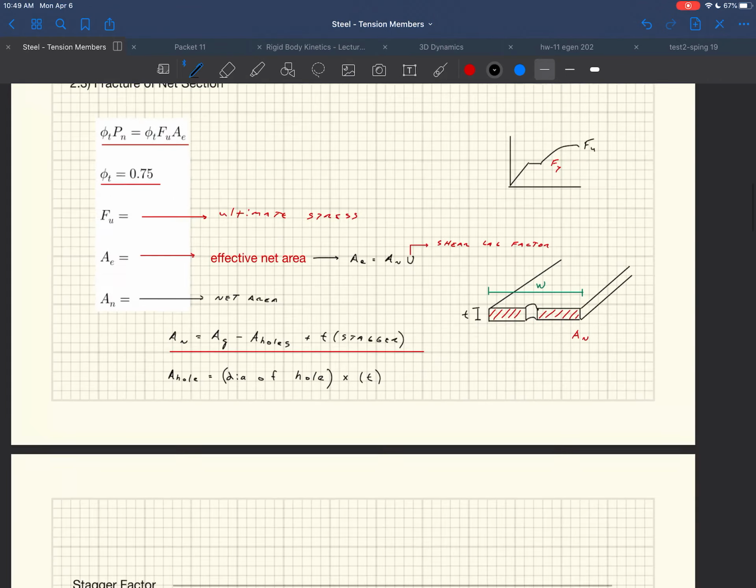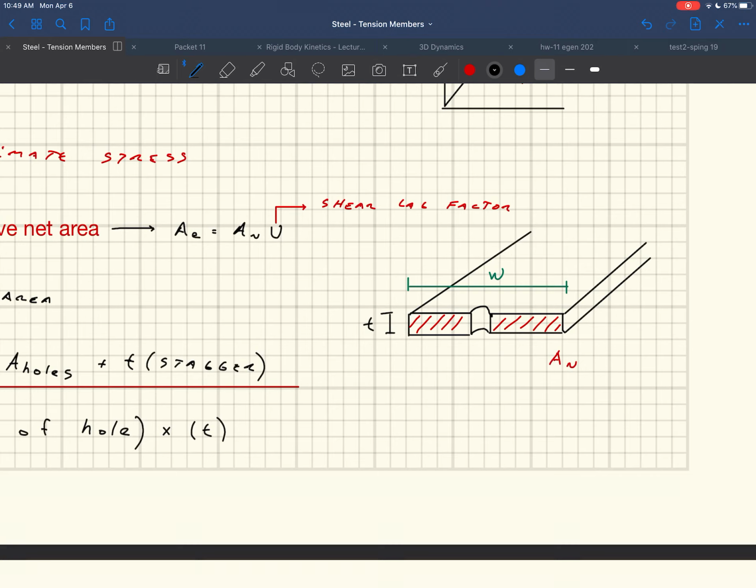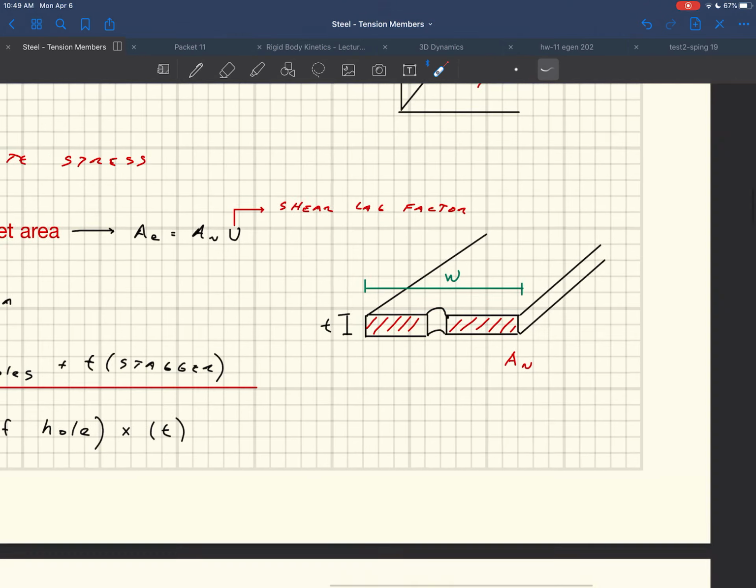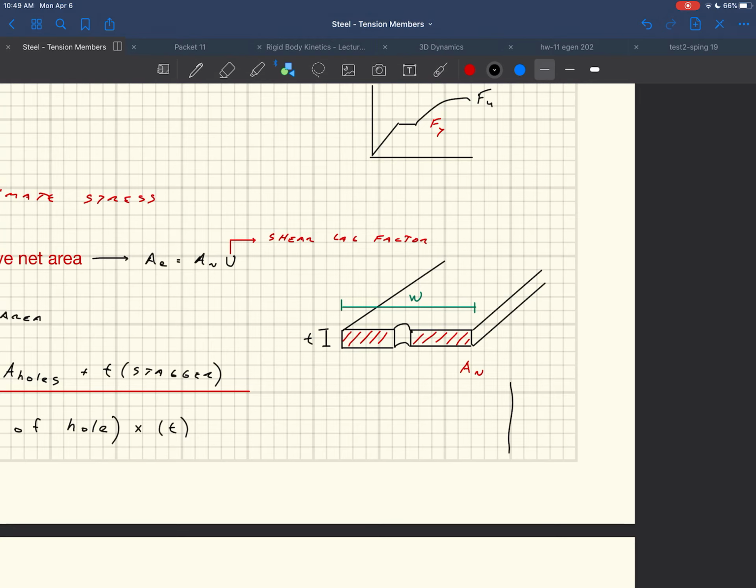And so you can see that this area that you're subtracting out is right there. That right there is the area that gets subtracted out, and you can see that's the diameter right there times the thickness is what that area is. What it is not is if I'm looking down on this thing from above.